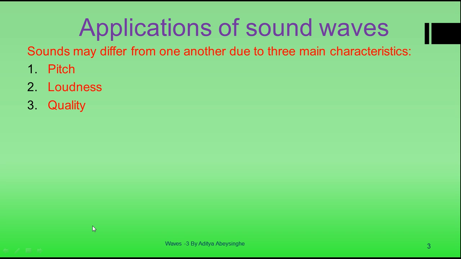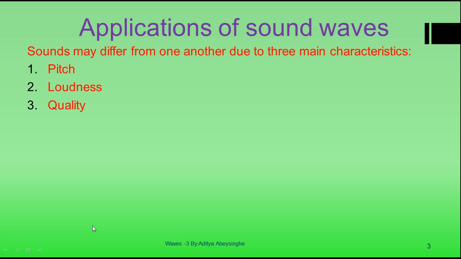If you compare the sound from a piano and from a violin, although they may resonate with the same frequency, the sounds may be different, and the intensity or the limit of sound in these two instruments may be different.